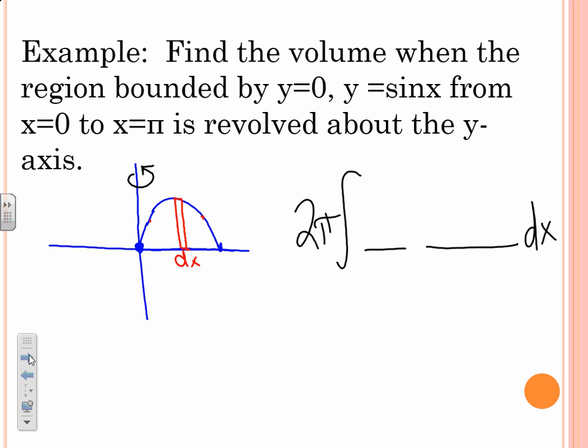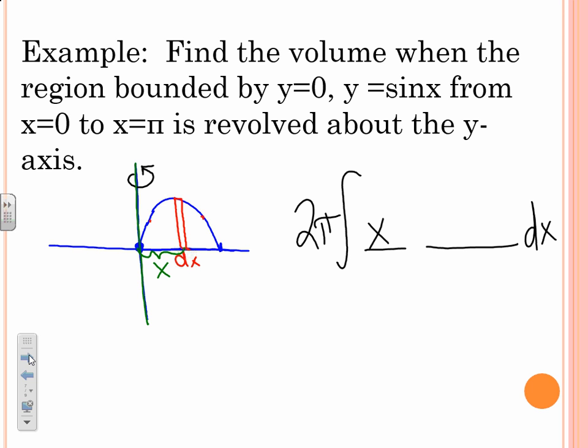Our radius, how far away from the axis of rotation will each of those rectangles be? X away. Times, how tall are each of these rectangles? So what's our top function? Sine. What's our bottom function? 0.